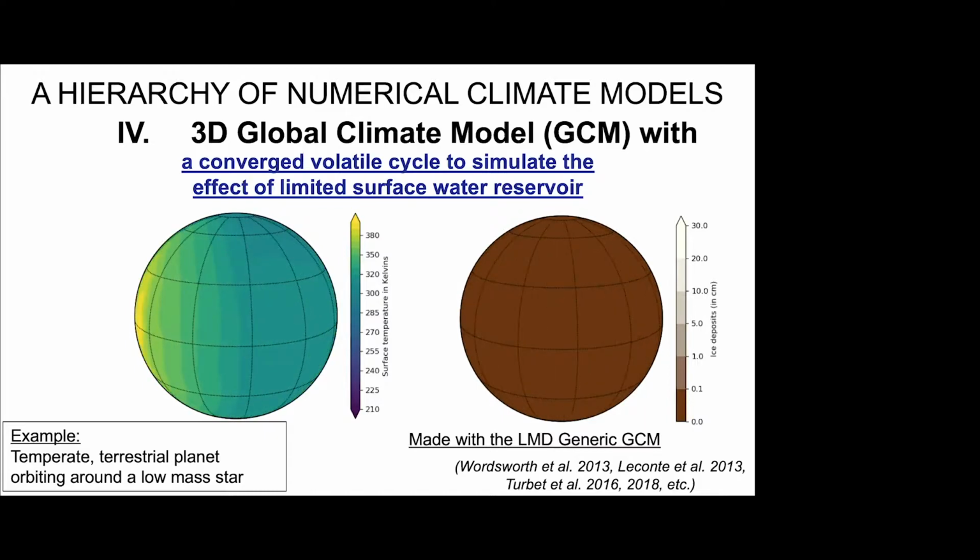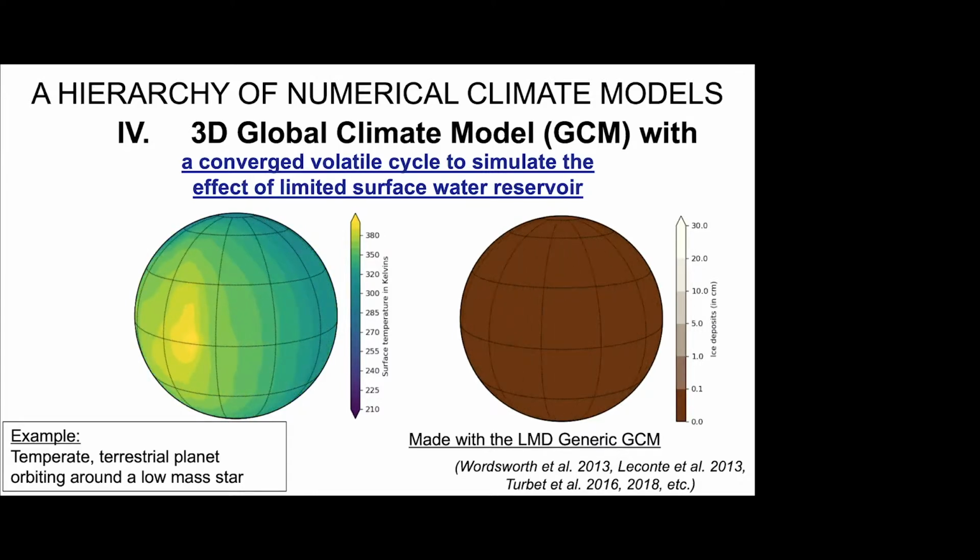You would expect it to go at very specific places. And in particular, for a tidally locked planet, you would expect the water and the condensable species to end up on the night side, in the two gyres, to be more precise. And so that kind of combined three-dimensional global climate model with the simulation of the migration of the reservoirs of water and other condensable species allows you to simulate that.